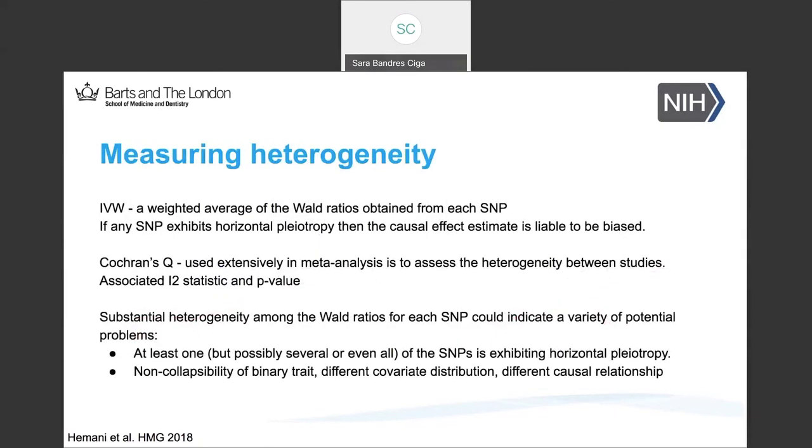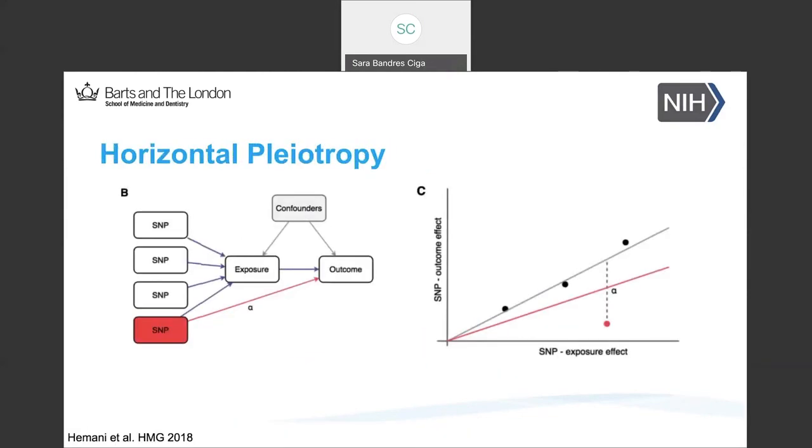The best way of seeing whether there's the potential for heterogeneity is to do a heterogeneity test based on all your SNPs and say, okay, how much heterogeneity is there in these effect estimates? It may be that the heterogeneous effects are balanced, and you still estimate the overall slope as being the same. But if they're unbalanced, like it was in this previous example, then you'll get a bias that way.